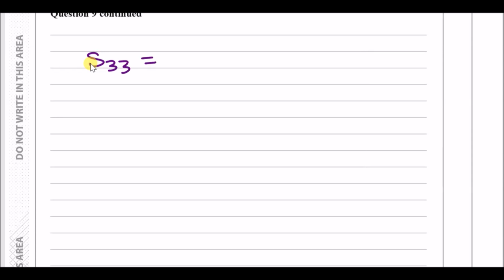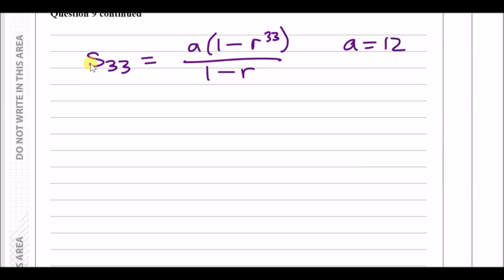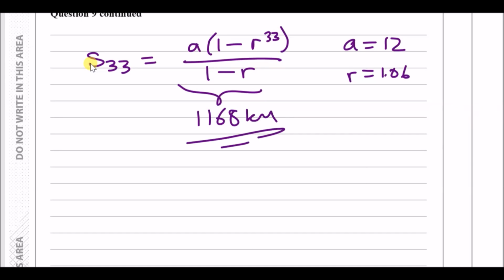Well, using the general sum formula, it's going to be a times 1 minus r to the 33 over 1 minus r. And we know what a and r are. a again was 12, r was 1.06. If you plug it all in here, you should get a distance of 1168 kilometers. Yeah, so that's how much he traveled in the first 33 days.